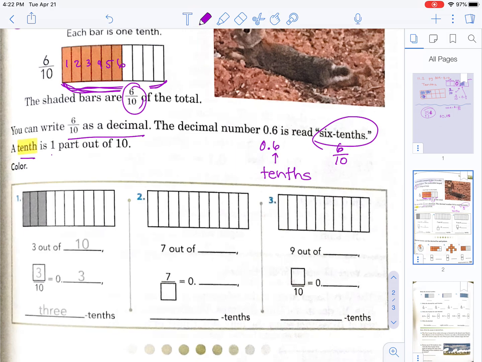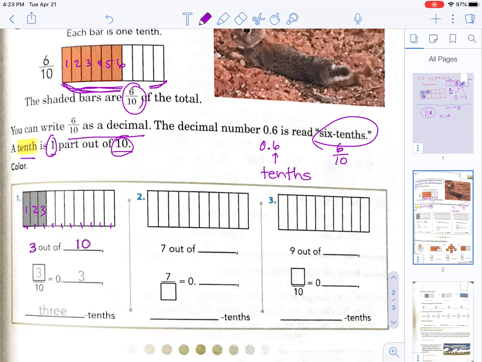So a tenth is 1 part out of 10, right? We already knew that from our fractions. Now look at it in terms of decimals. We have 3 parts out of 10. Let's double check. 1, 2, 3, 4, 5, 6, 7, 8, 9, 10. So we know that there's 1, 2, 3 parts. 3 parts out of 10.